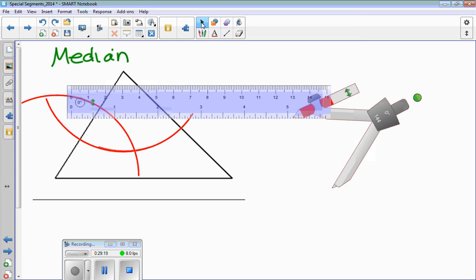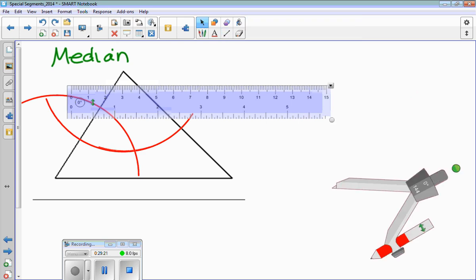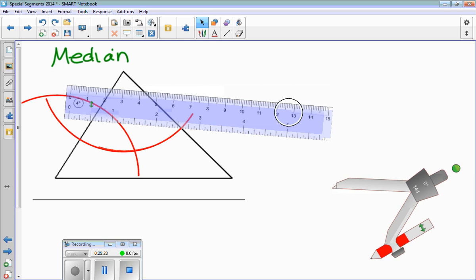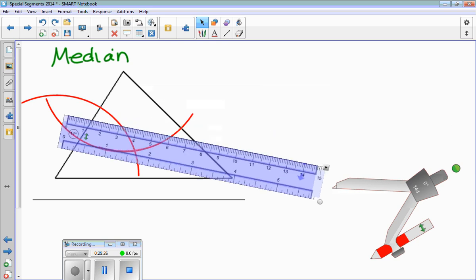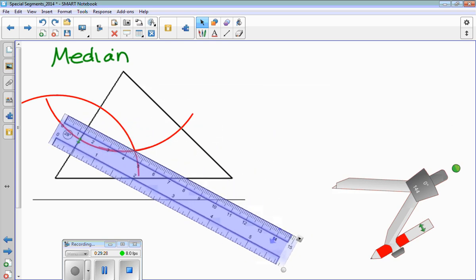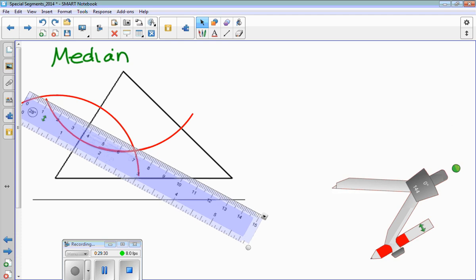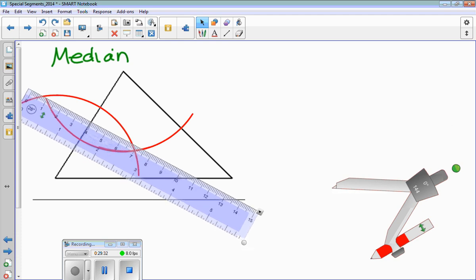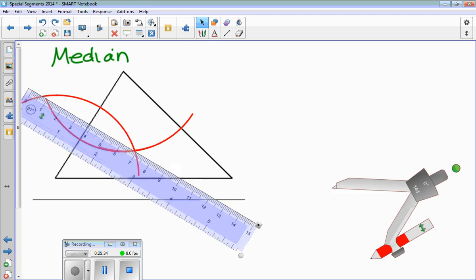I want us to find the middle. I'm using my straight edge to connect my two points, and I'm just going to create the midpoint. I'm using a highlighter, and I'm just finding the midpoint. That's all I did.